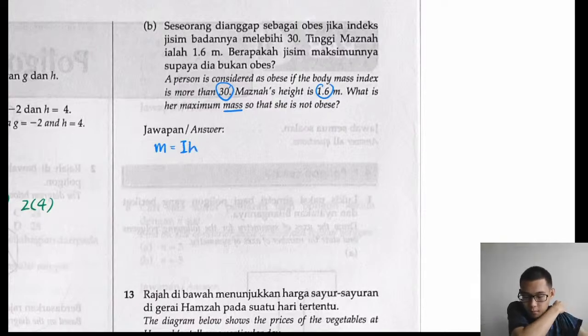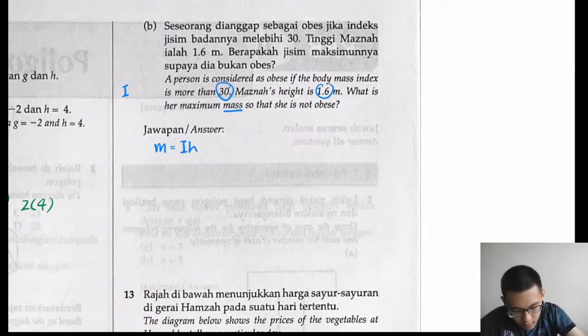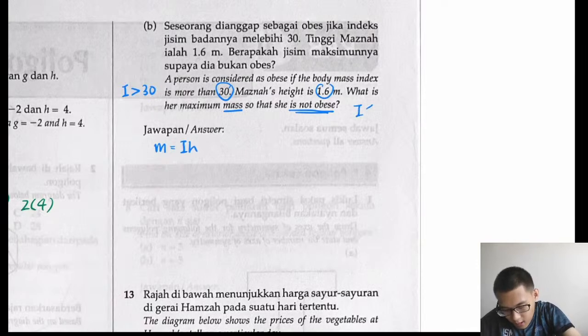If the body mass index I is more than 30, to make sure she is not obese, we need it less than or equal to 30. So we use I less than or equal to 30.